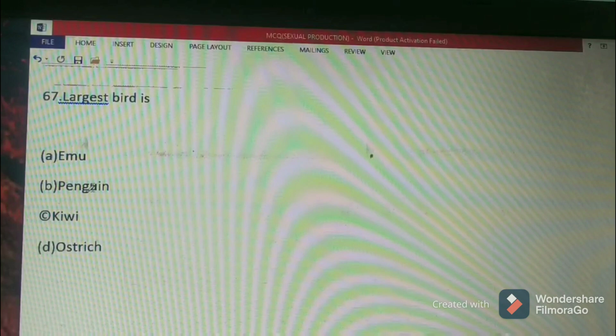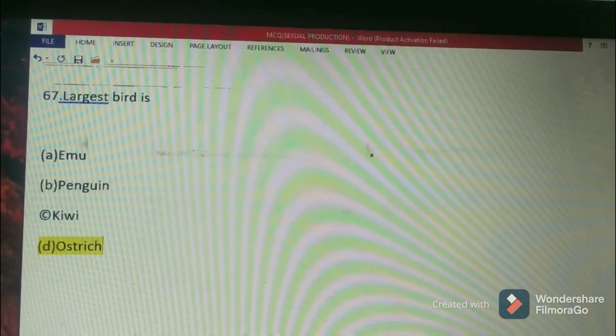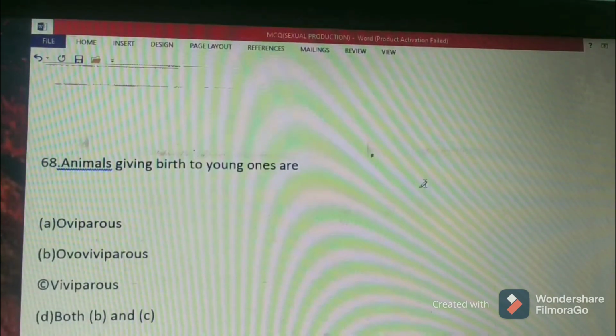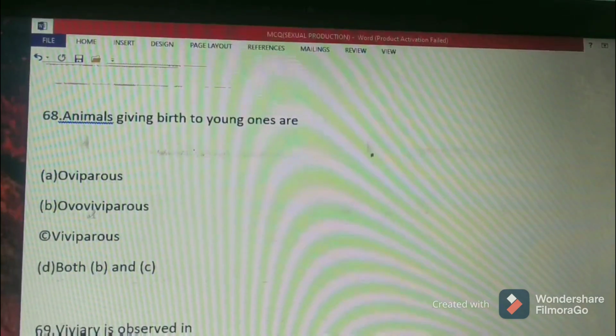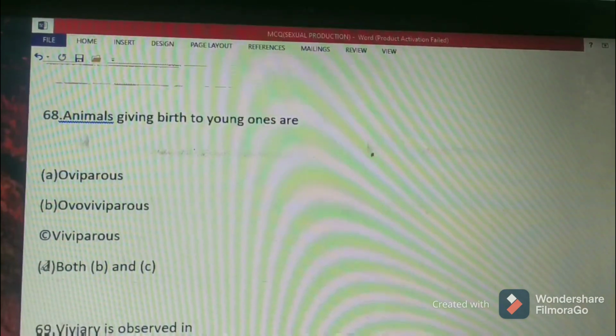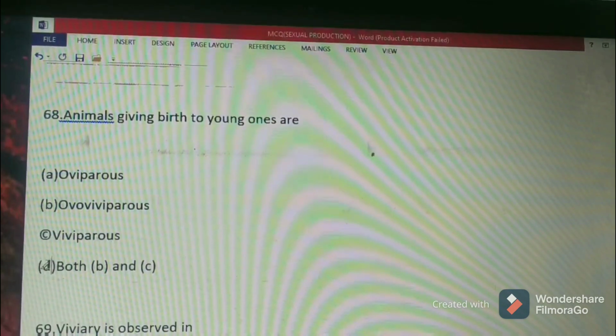Largest bird is D. Ostrich. Animals giving birth to young ones are both B and C, so answer D is correct: ovoviviparous and viviparous both.